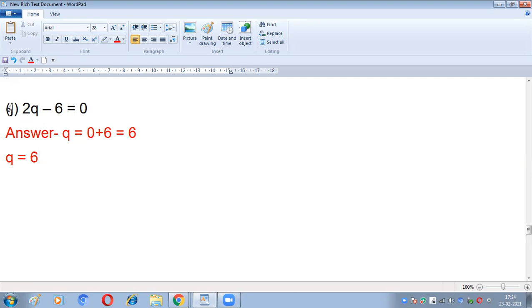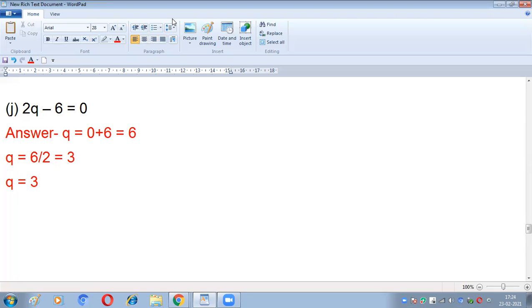Now 6 divided by 2. This 6 and 2 cancel out to 3. 3 multiplied by 2 is 6. So the value for q is equal to 3. So 3 is the appropriate answer for part J.